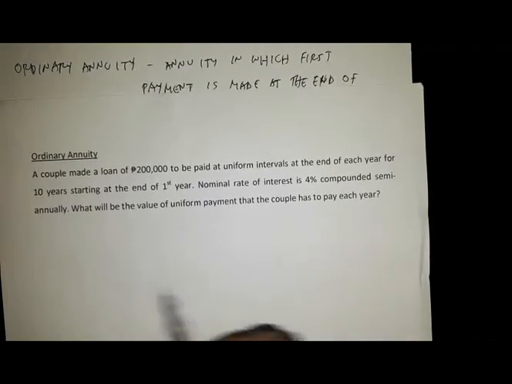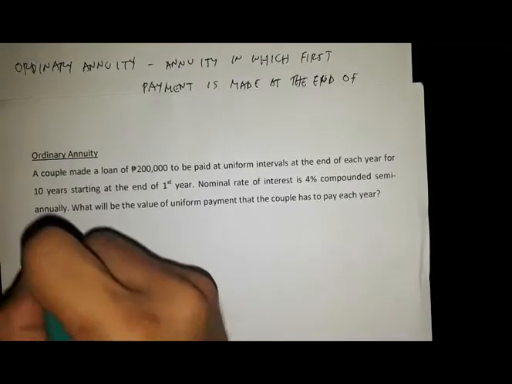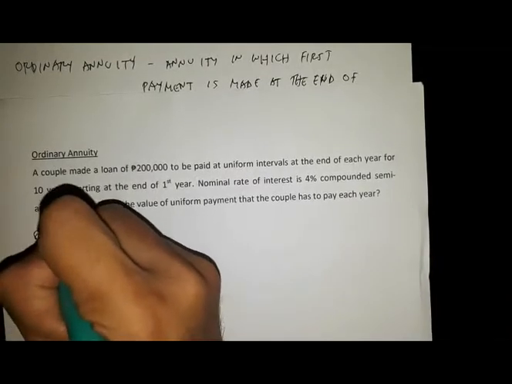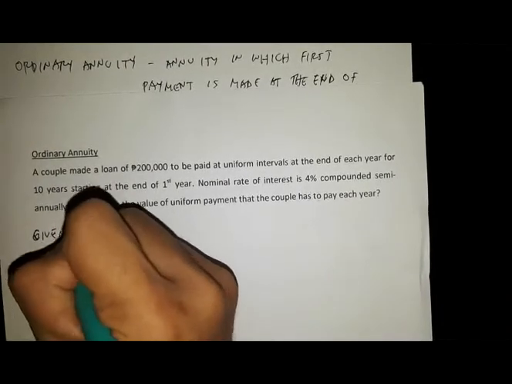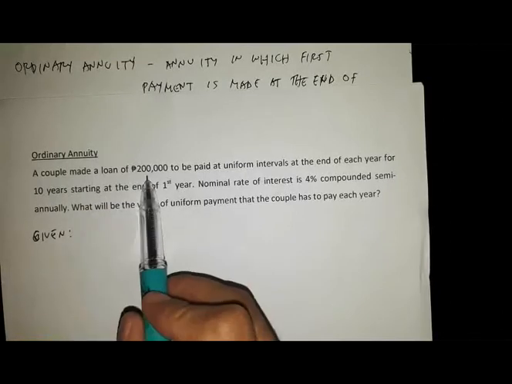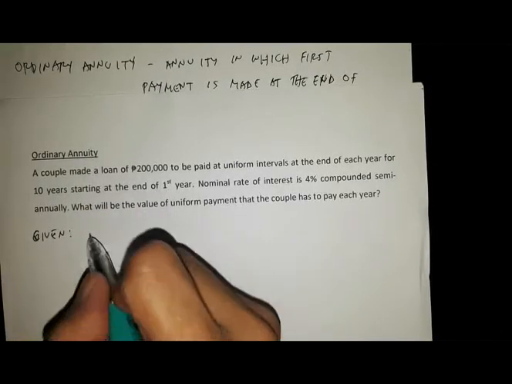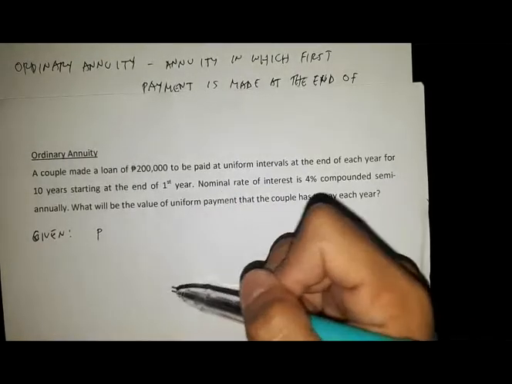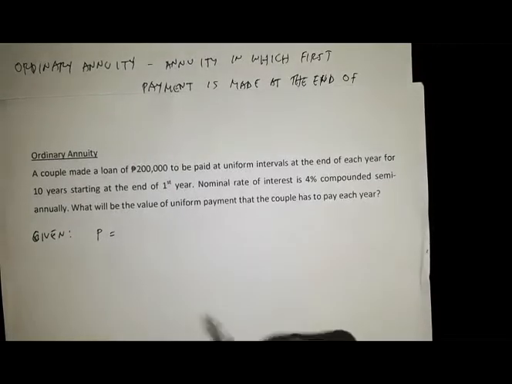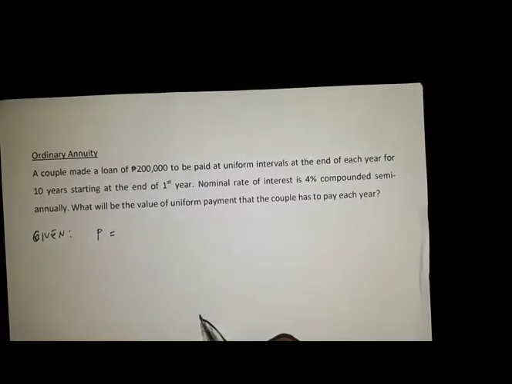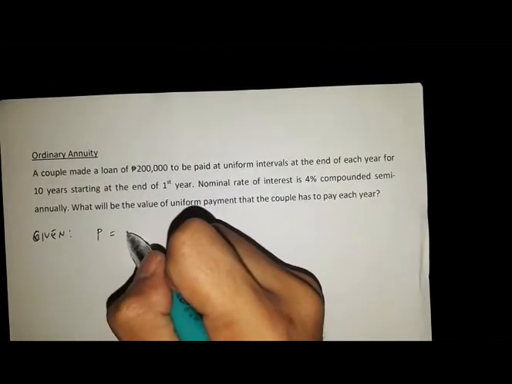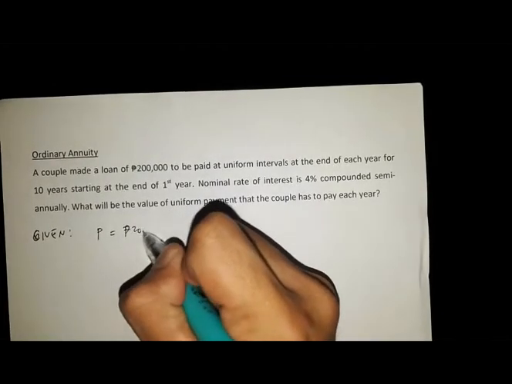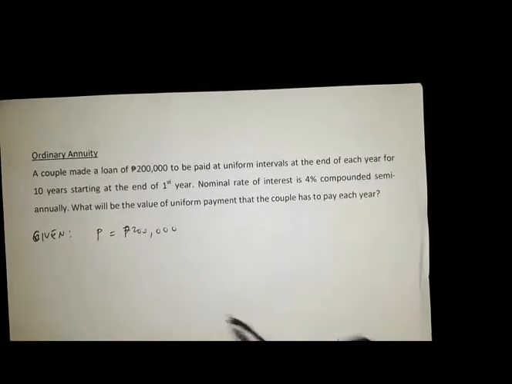So, let's identify the given. The couple made a loan of 200,000 pesos, so your P is equal to 200,000 pesos.